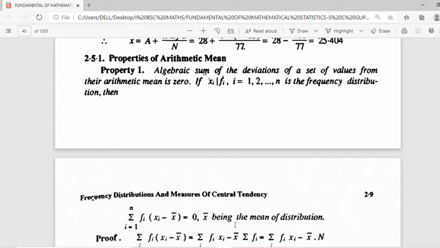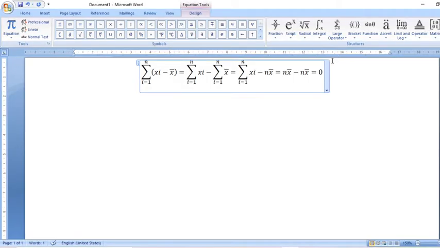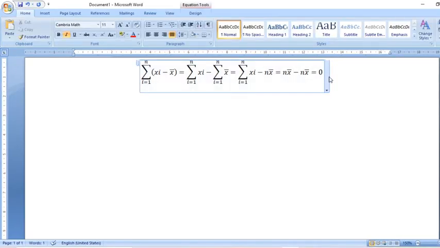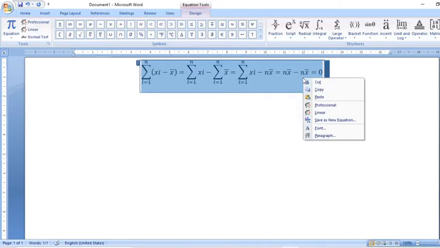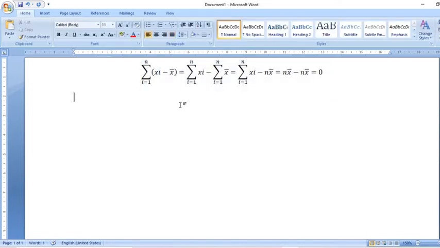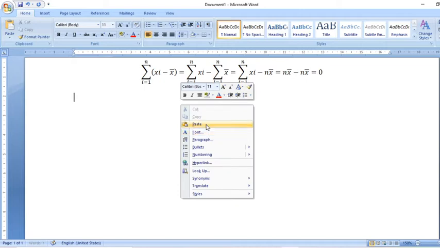Now we consider the case of frequency data. How can we find out the result using frequency data? It is very simple. You can easily find a similar result for the frequency data.